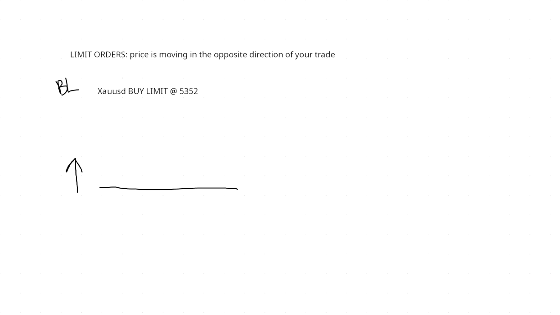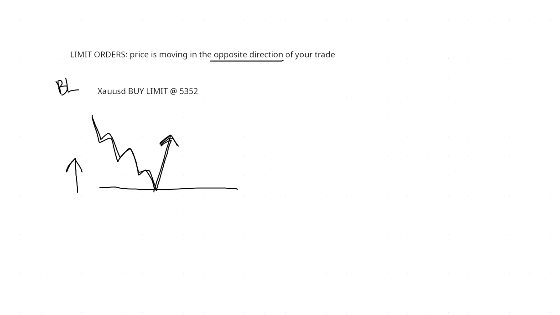But when this is sent, the market's going to be moving in the opposite direction, meaning we want to see the market come down to our price. Once it hits our entry here, the trade will be activated and we then want it to go upwards. So that's what I mean by opposite direction. If it's a limit order, it's going to be going the opposite direction. So a buy, market needs to come down, touch our entry, and then we want it to go up.